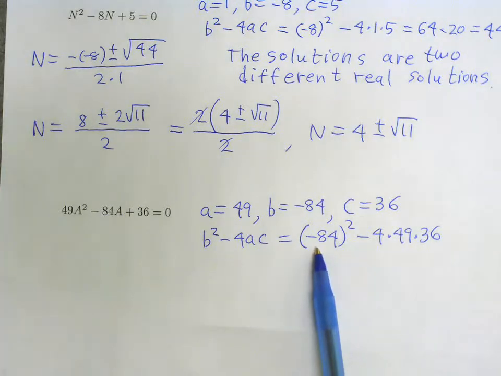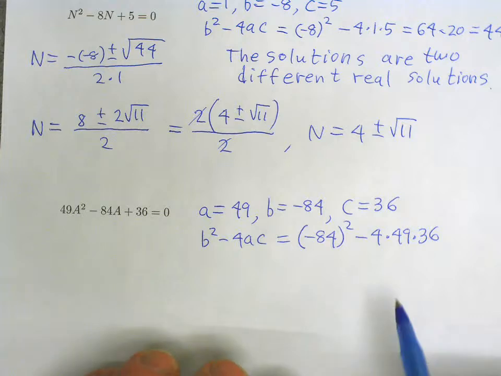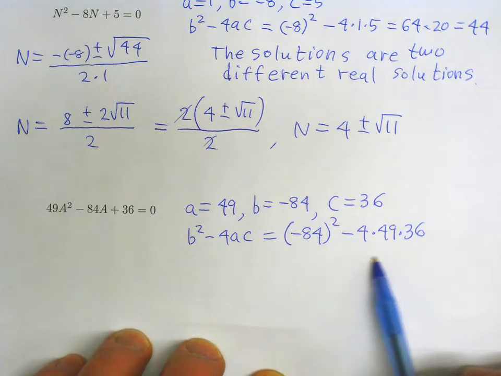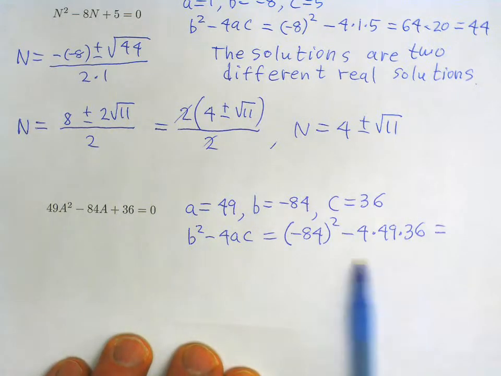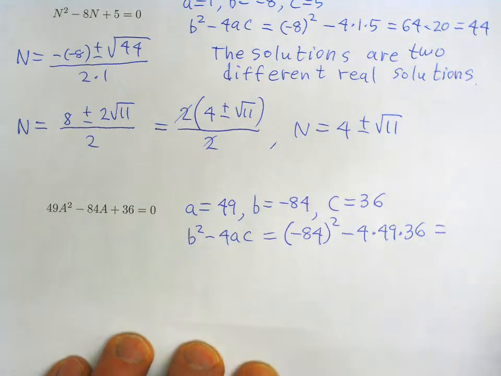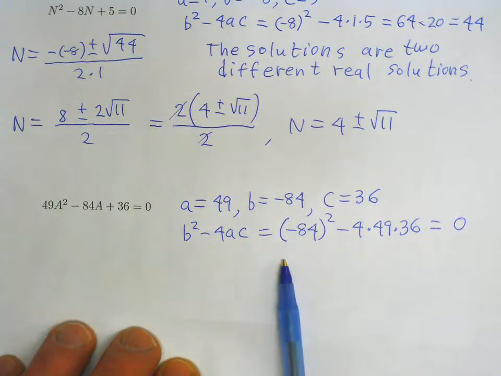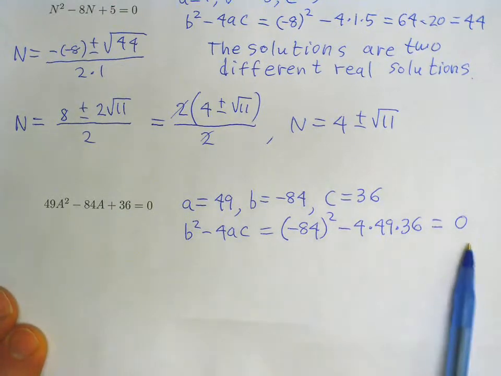When you square the number negative 84, it's going to be positive. And with a high-powered calculator, you can determine that this is just 0. So you can do that if you want, or you can take my word for it.